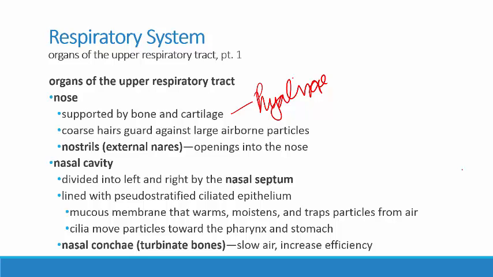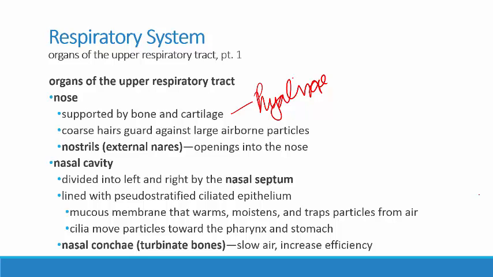So that means it's a simple epithelium, but it appears to be stratified because some of the cells are tall and columnar, others are shorter, more squat, more cuboidal. And it's ciliated, so at the apical surface we have a very active layer of cilia, and then there's a lot of mucus produced. So this is a mucous membrane.